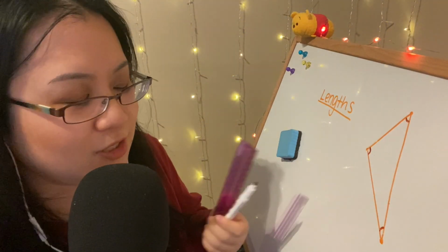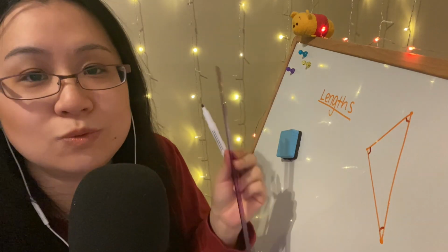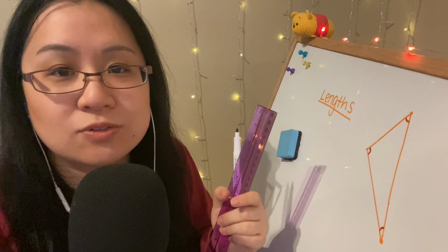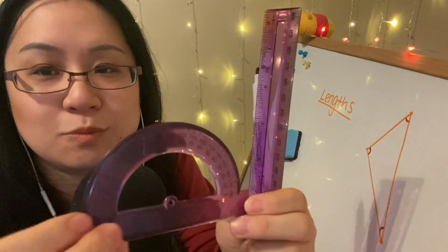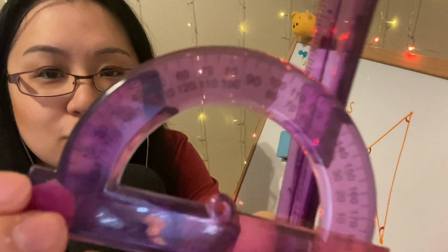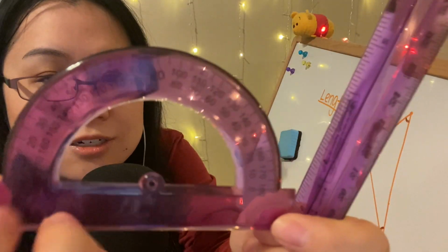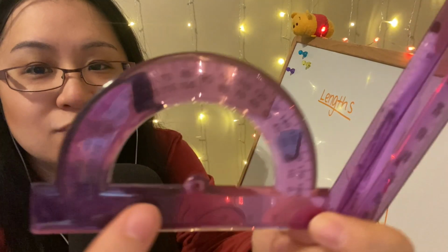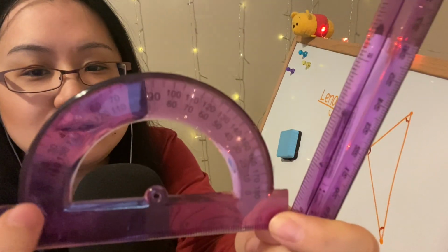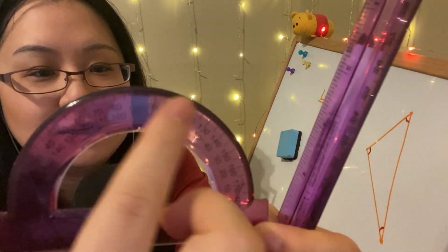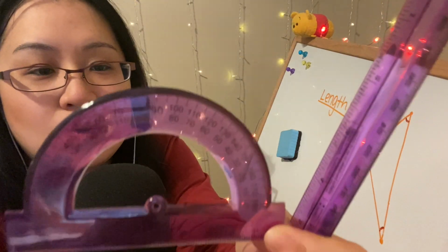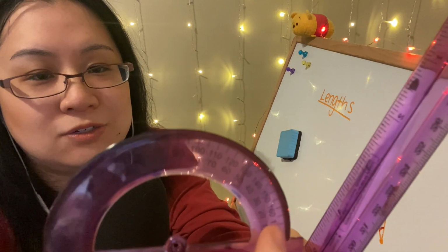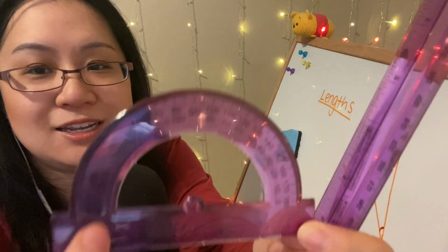We measure the lengths with the ruler, and we can measure the interior angles with a protractor. So the protractor is kind of like a curved ruler, 0, 90, 180, or going the other way depending on which way you're measuring, 0, 90, 180.